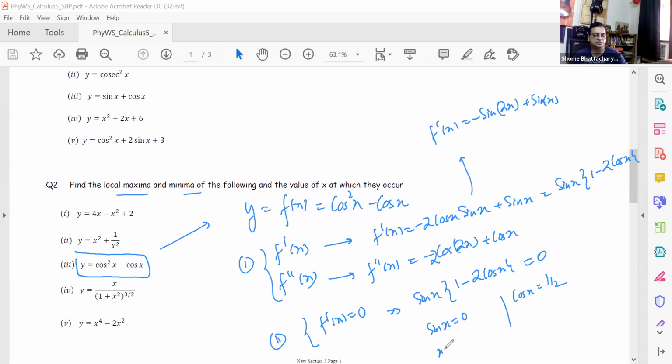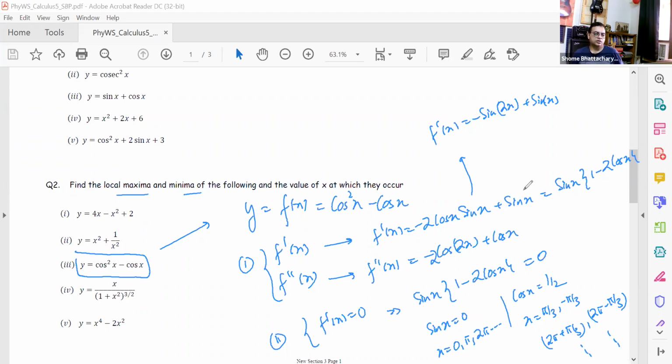That means x can be 0, pi, 2 pi, this kind of thing, or x can be pi by 3 or minus pi by 3. So 2 pi plus pi by 3, or 2 pi minus pi by 3, and this kind of values.